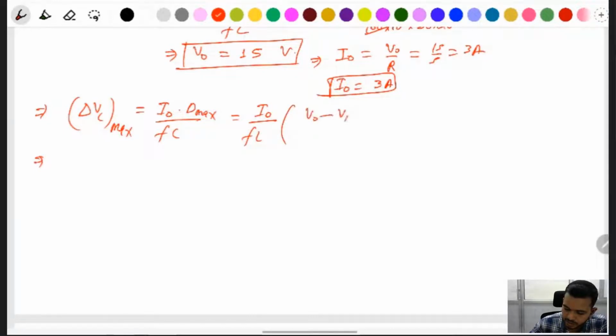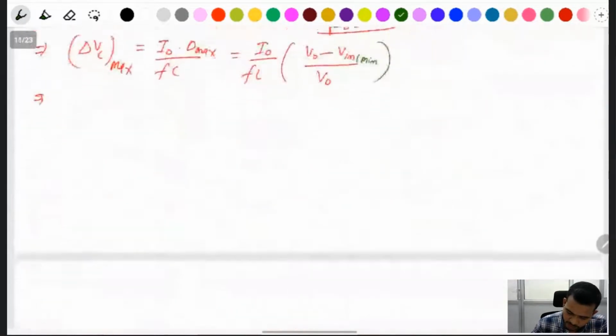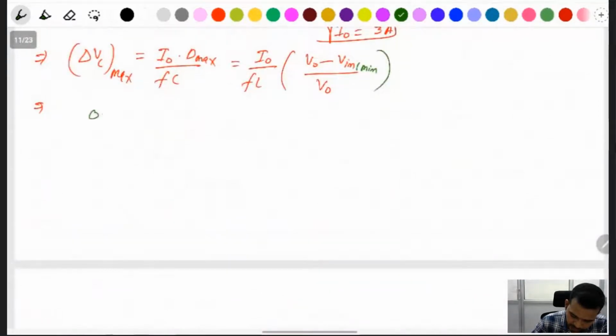You know D max duty cycle is V naught minus V in divided by V naught, and duty cycle is maximum when V in is minimum. Delta Vc is given 0.1 volt.